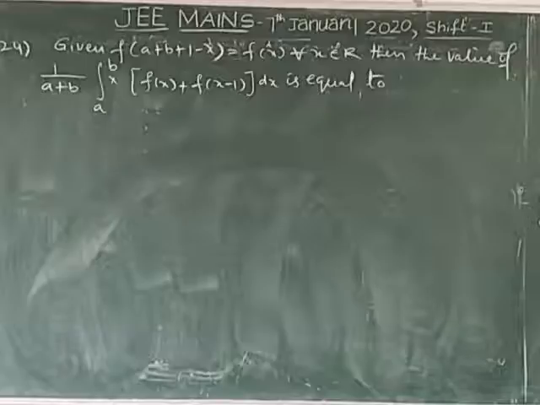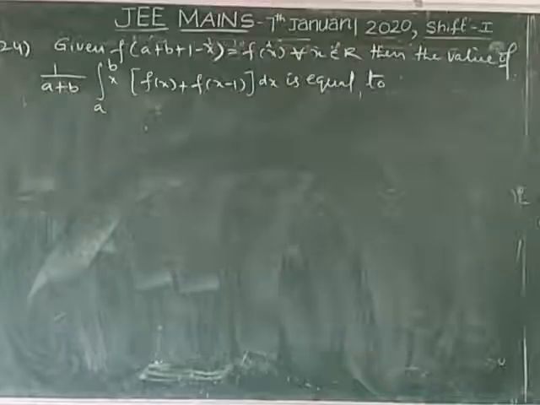Okay, next question. You are given f of a plus b plus 1 minus x is equal to f of x, for all x belongs to R. Then the value of 1 by a plus b into the integral of a to b, x into f of x plus f of x minus 1 dx, is equal to.